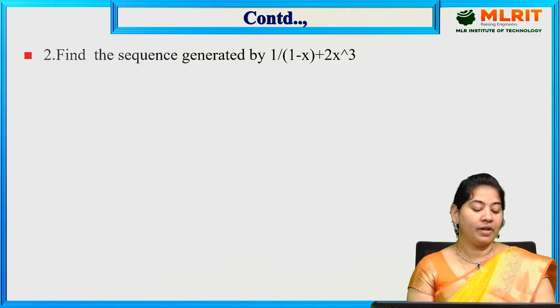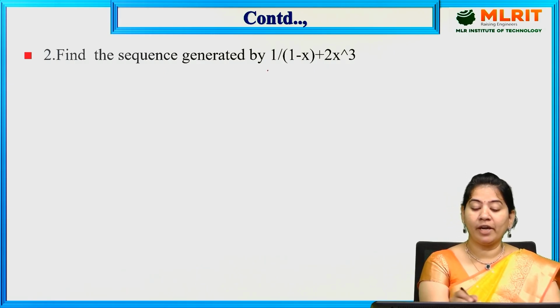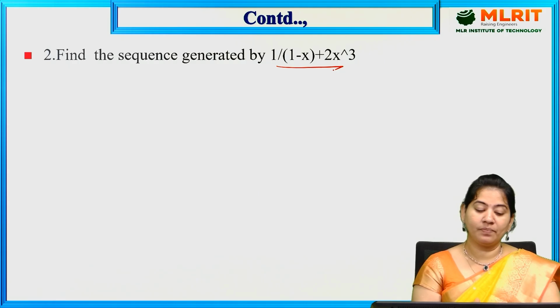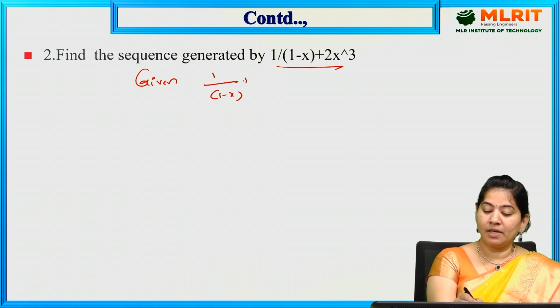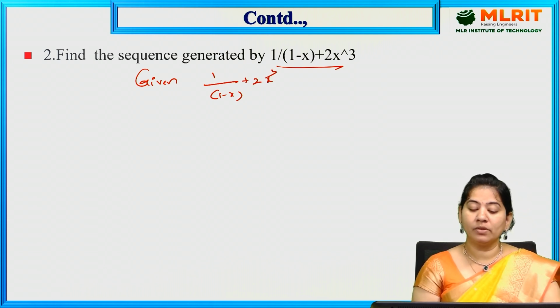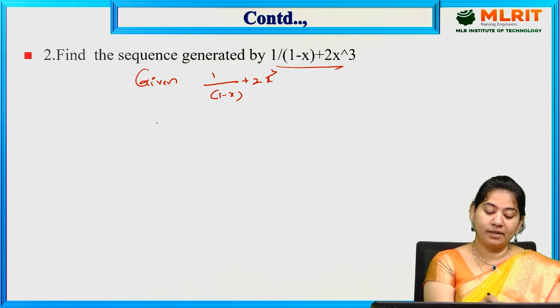In the same way, we have another problem. The sequence you have to find out from the given generating function, which is 1 by 1 minus x plus 2x cube. How to do it is the same thing.